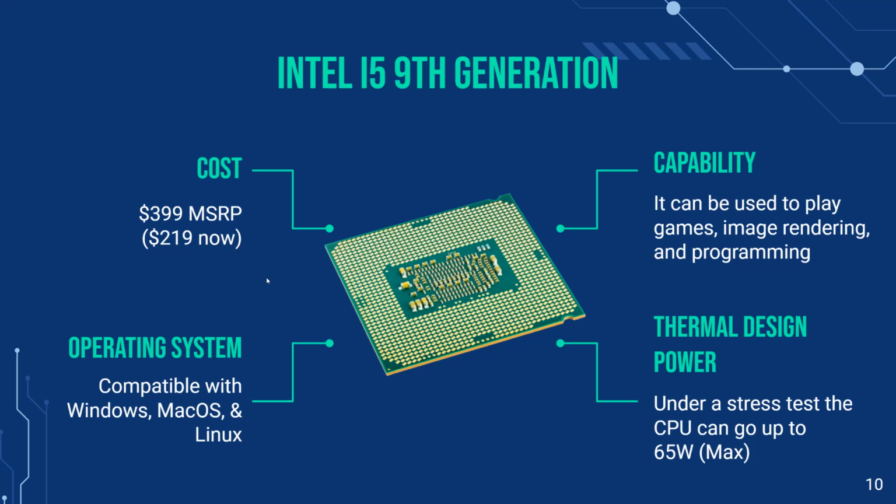And the capabilities of the system, just like the AMD system, are that it can play games, render images, and do some programming. The thermal design power for this processor is 65 watts. Compared to our AMD system, this processor cannot go as high since it has a lower thermal design power.